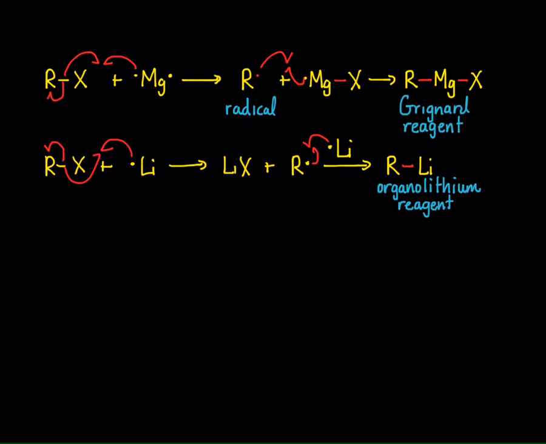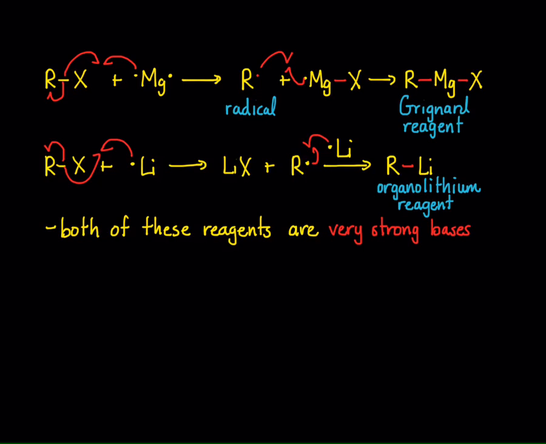So both of these reagents are very strong bases. We saw this previously when talking about the acidity of amines. I remember I showed you that amines can be deprotonated by organolithium reagents. And so these are very strong bases.